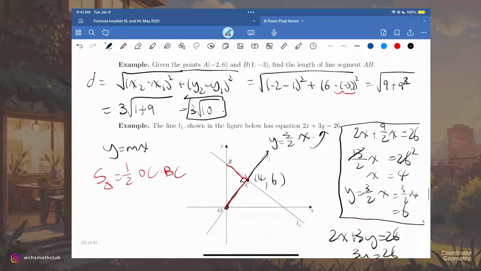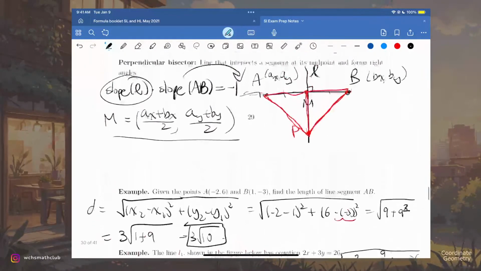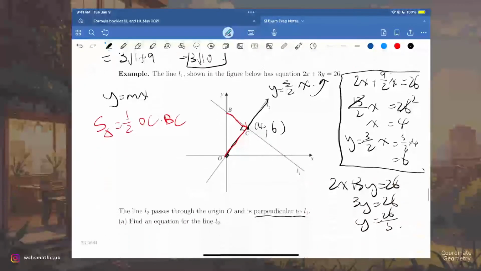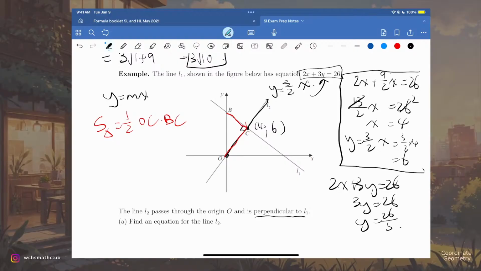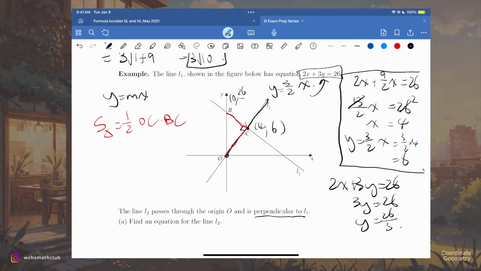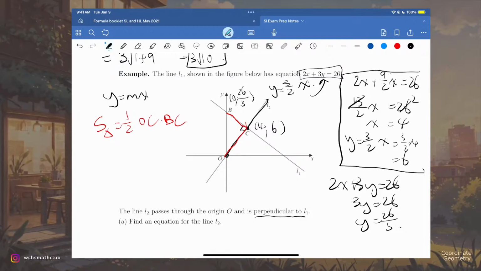We unfortunately erased it, but when we turned this into point-slope form, we could have read this from the equation. Anyways, B is (0, 26 over 3). And the computations from here are not going to be very good.